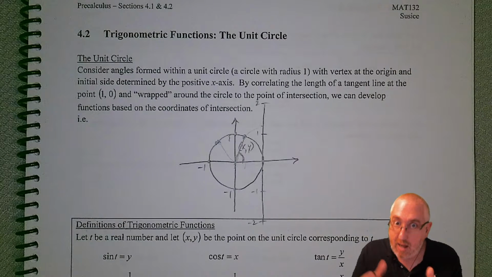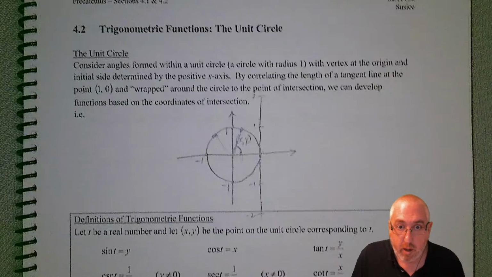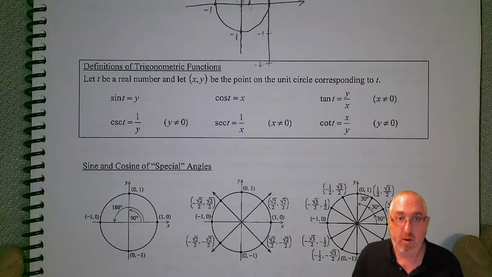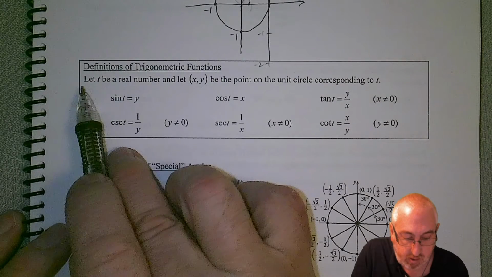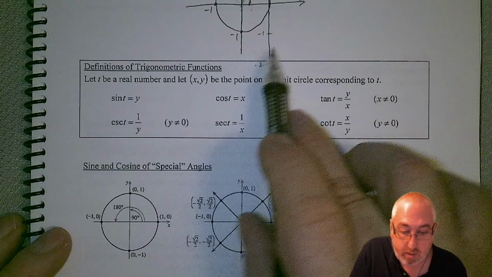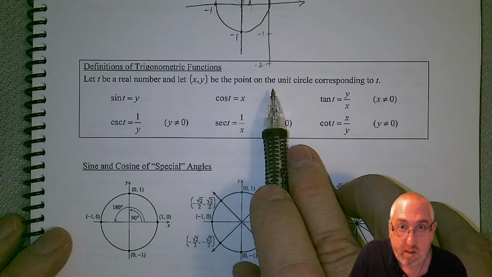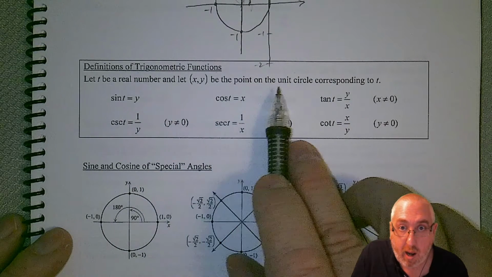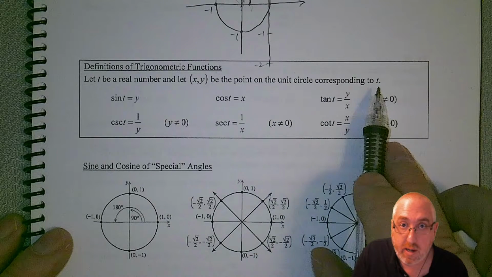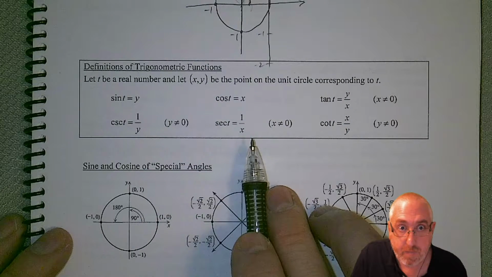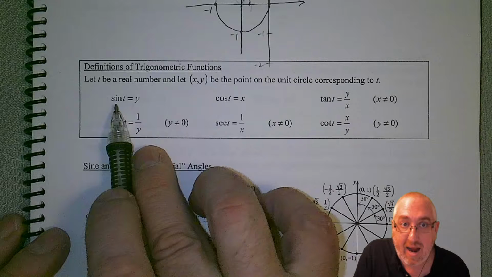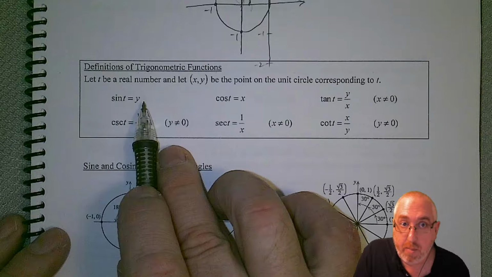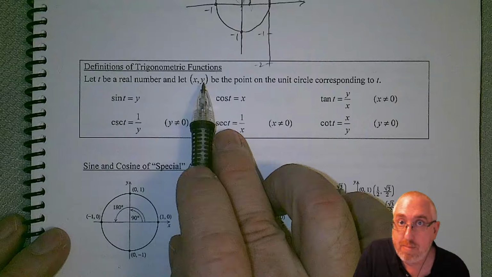So if that's kind of the situation we've got going on, we can define the 6 trigonometric functions in the following way. So let t be the real number. So again, somewhere on this number line, that's on the tangent. And let (x, y) be the point on the unit circle corresponding to t, so just like we showed up above. So the sine of that angle, of that real number, is going to be just the y coordinate.